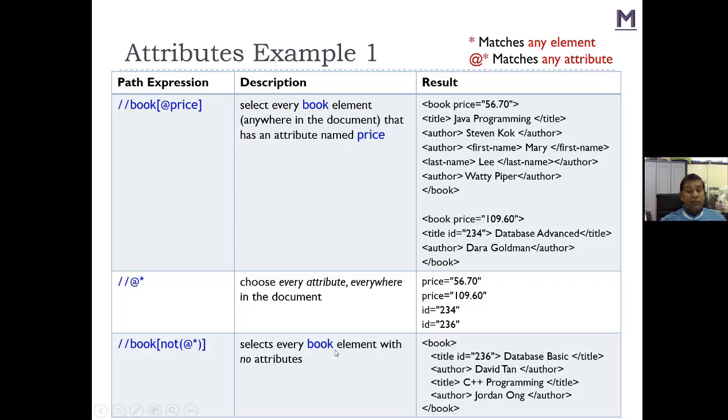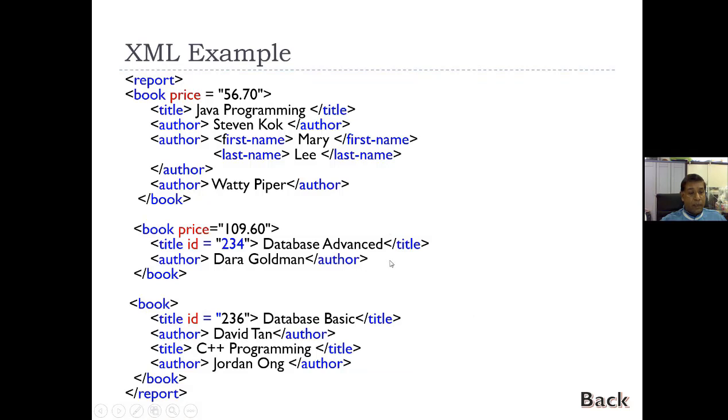So select every book element with no attributes. Look at the output, book elements with no attributes. Only ID is here, then details, there is no attribute. So ID and then the details. Okay, 236 ID, there is no attribute, and then this details. You look at here, only here, this is the details.